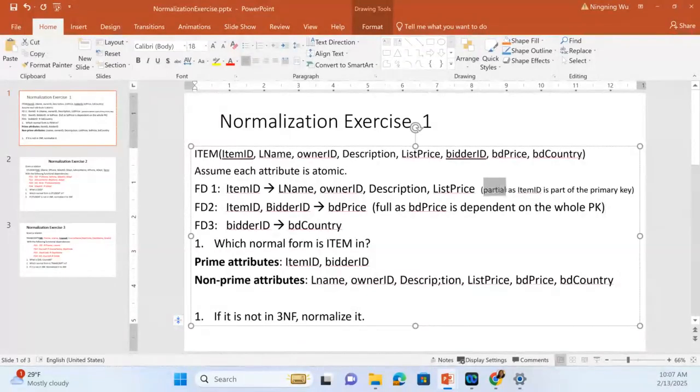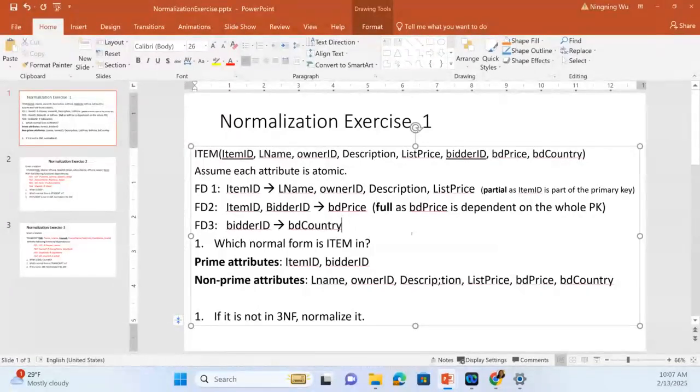FD1 is a partial functional dependency, and FD2 is a full functional dependency because bid price, as a non-prime attribute, is dependent on the whole key, okay? Then the last one, the bidder ID and the bid country. Both attributes are non-prime attributes.